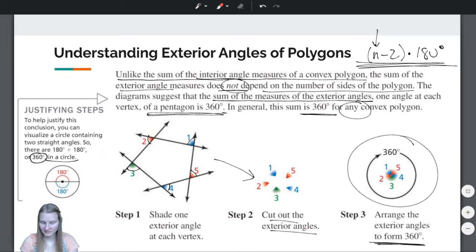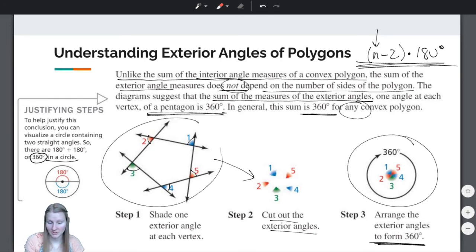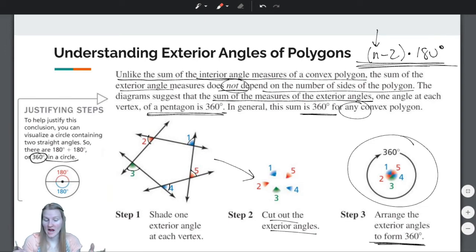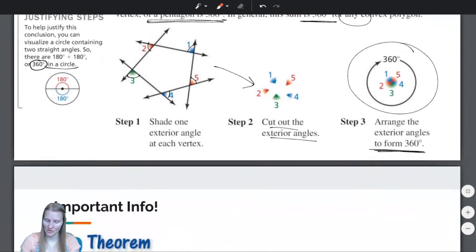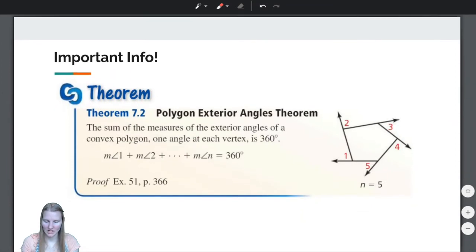So, this diagram works for any polygon. In this example, they used a pentagon, but it actually works for any n-sided shape.